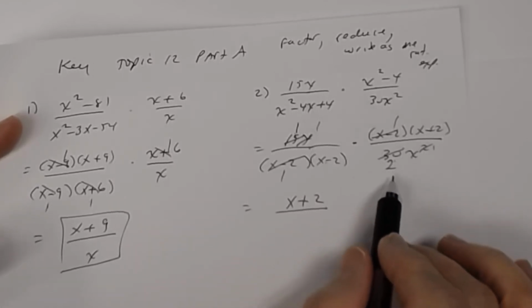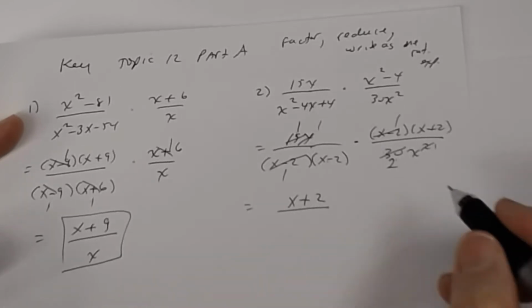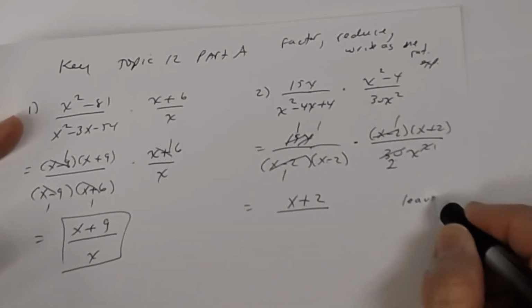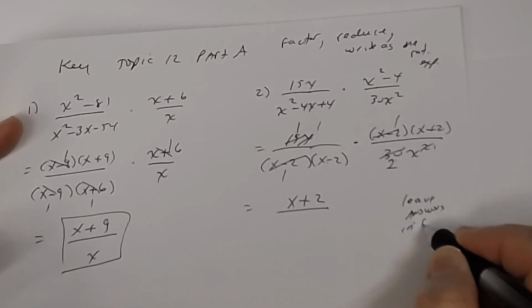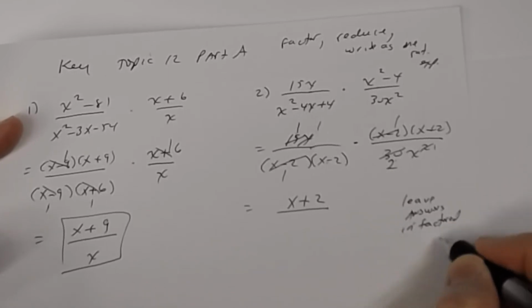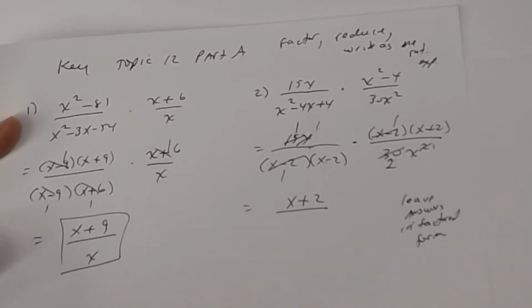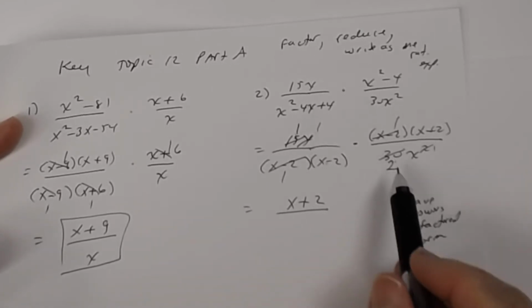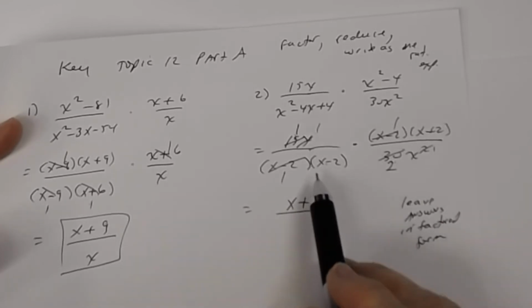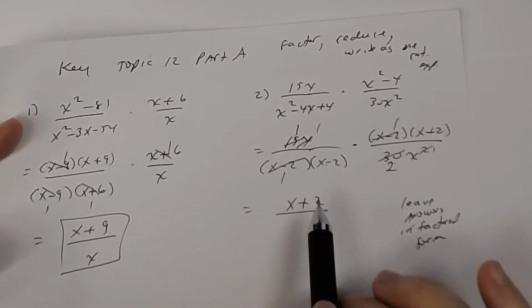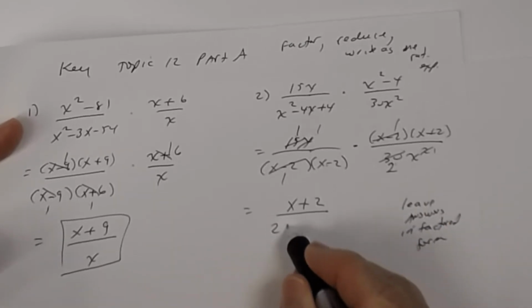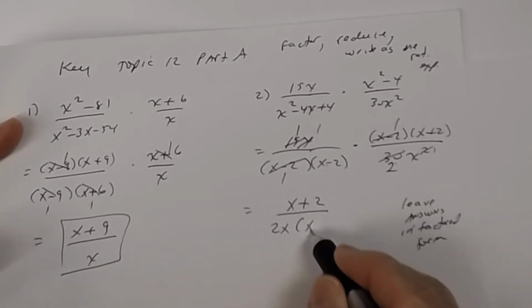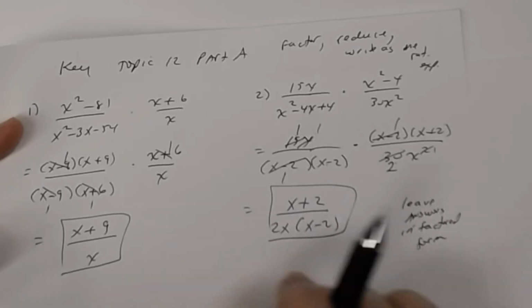Now, always leave your answer in factored form. So in other words, let's do the monomials first, and always put the monomial in the front. 1 times 2 times x is 2x. I get 2x times x minus 2. Leave it like this. Don't do anything else.